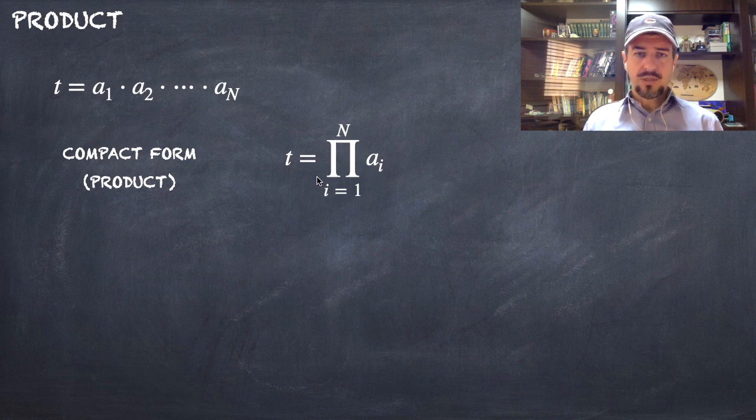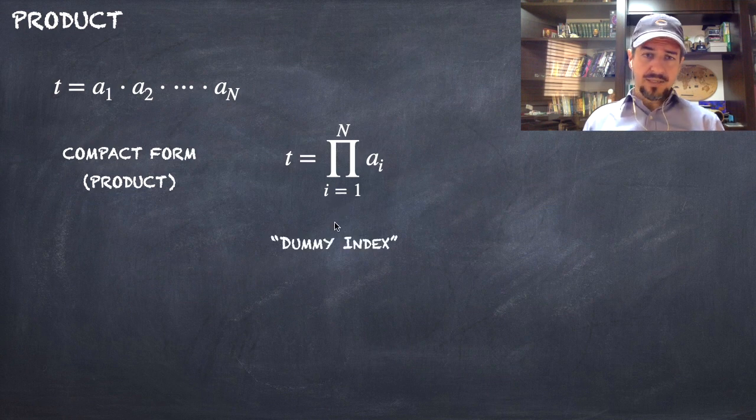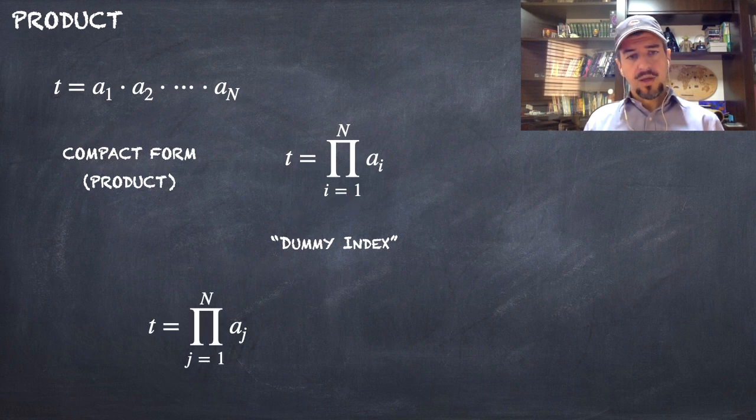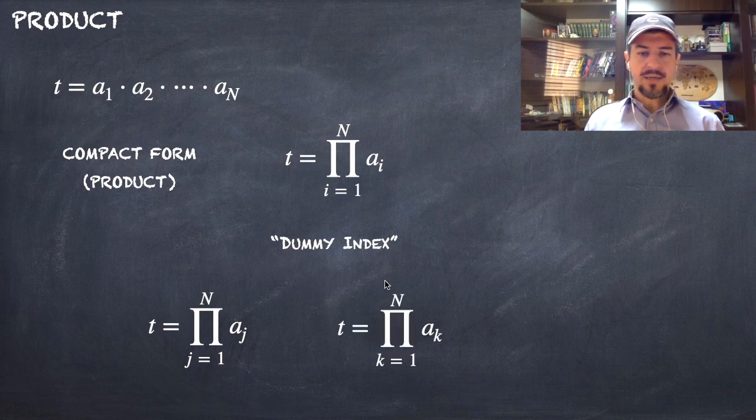So this is exactly the same thing as a1 multiplying a2 and so on. i is a dummy index in the same way we described for the summation. And then T is also equal to the product of aj with j from 1 to n, and the same thing for k, and so on.